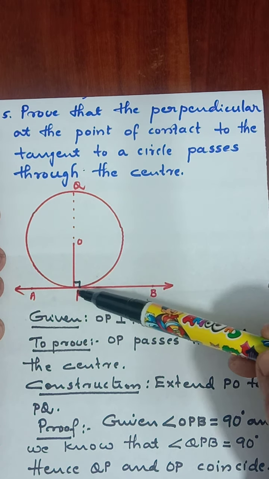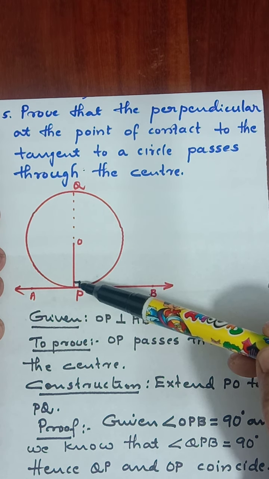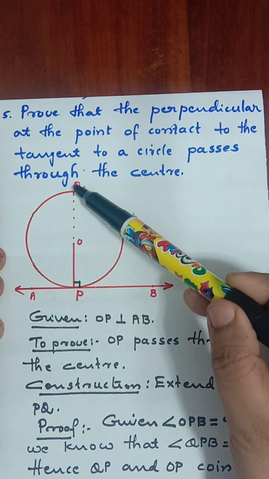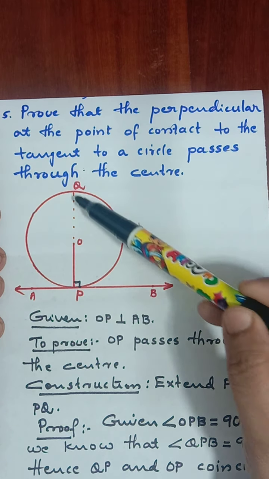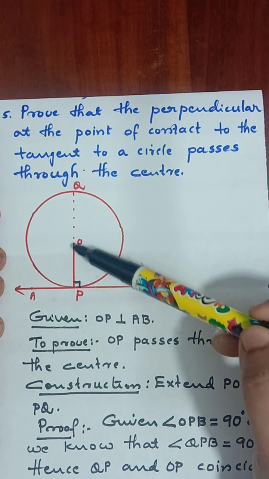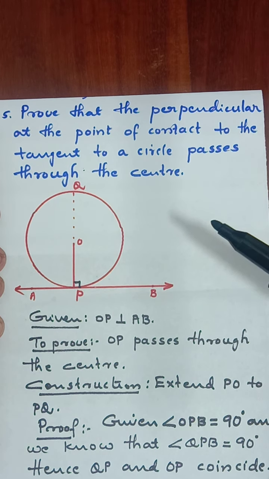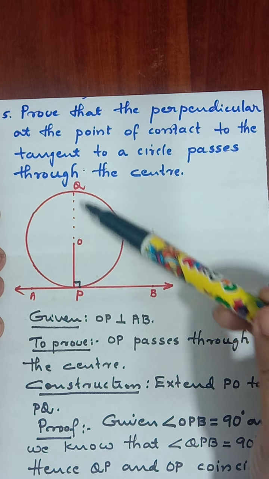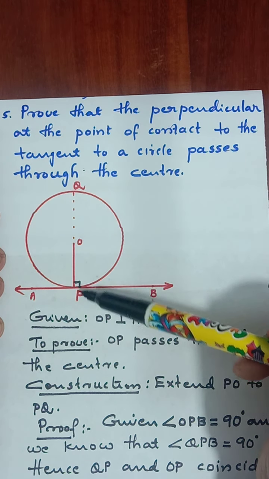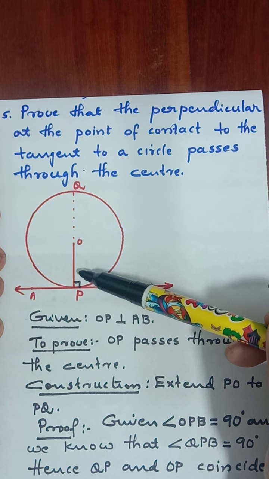First I said OPB equals 90 degrees since it is given. Now angle QPB equals 90 degrees according to our extension of PO to OQ. That means the same angle comes. It is QPB and OPB equal to 90.